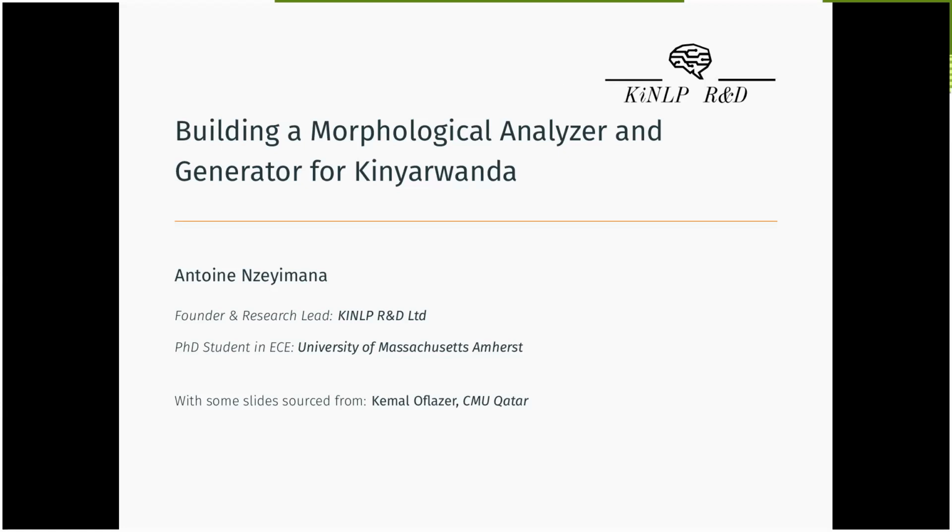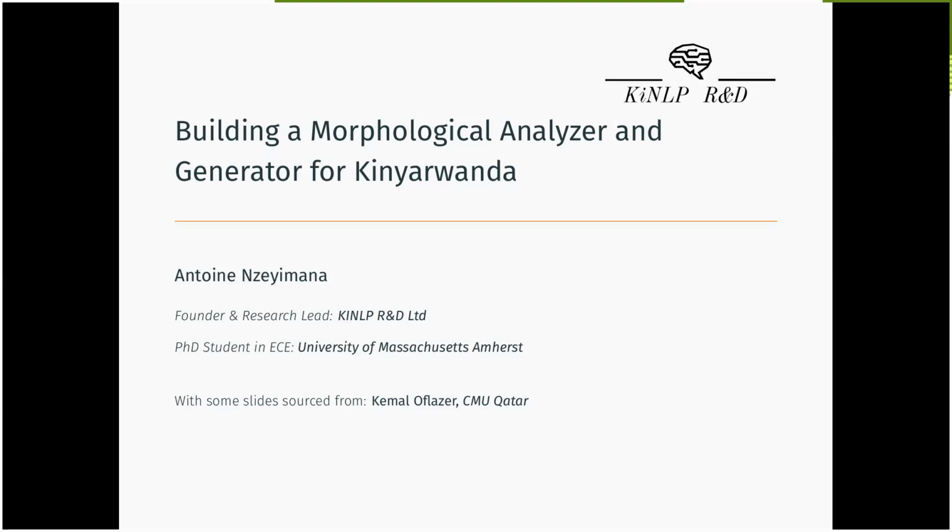Today I'm going to talk specifically about Kinyarwanda natural language processing, more specifically the development of the morphological analyzer and generator that I have worked on for the past several years. The title is Building a Morphological Analyzer and Generator for Kinyarwanda.